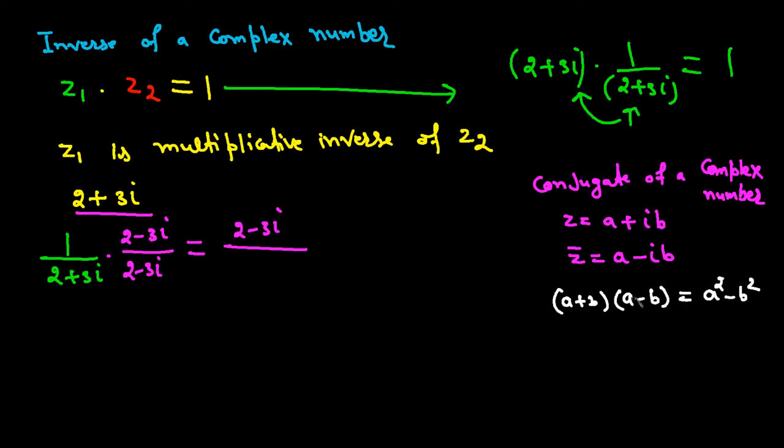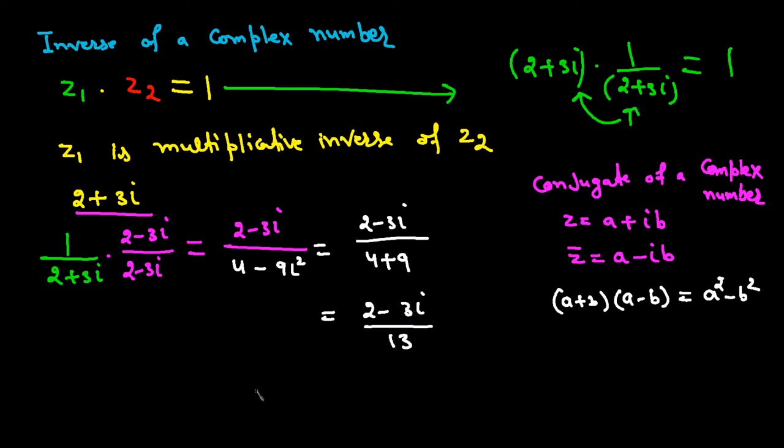If we just remember the formulas, it's super quick. So in that case we get 2 square, which gives me 4, minus 3i square. So 3 square is 9, then i square. So 2 minus 3i over 4 plus 9, because i square is negative 1, and negative into negative is positive 9. So this is equal to 2 minus 3i over, oh sorry, 13.